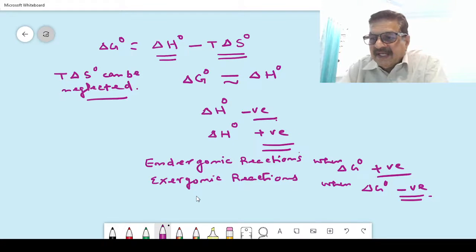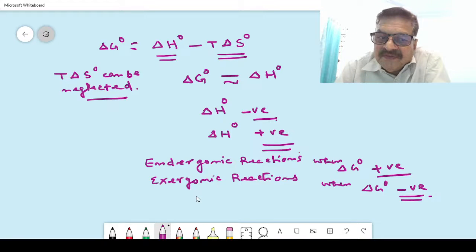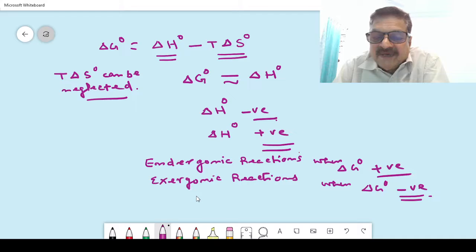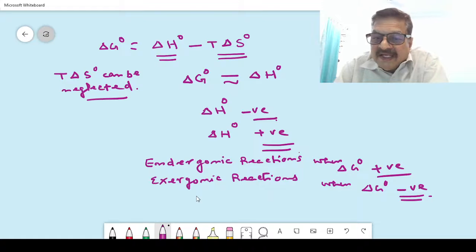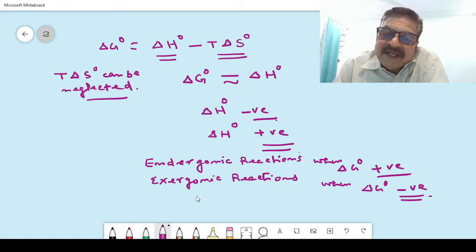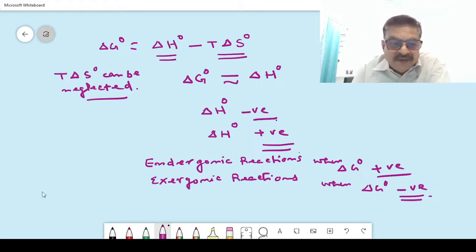We have seen endothermic reaction when delta H is positive, and exothermic reaction when delta H is negative. Now there are two terms which we usually use, endothermic and exothermic, and now endergonic and exergonic reactions. Endergonic reaction, delta G positive. Exergonic reaction, delta G negative.